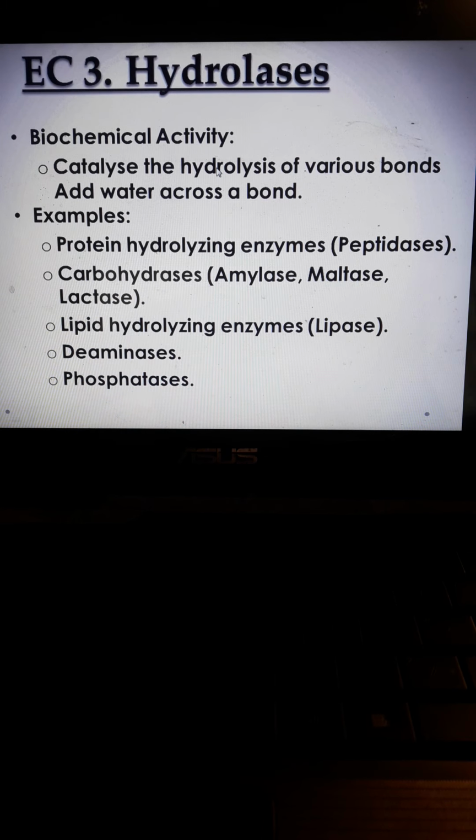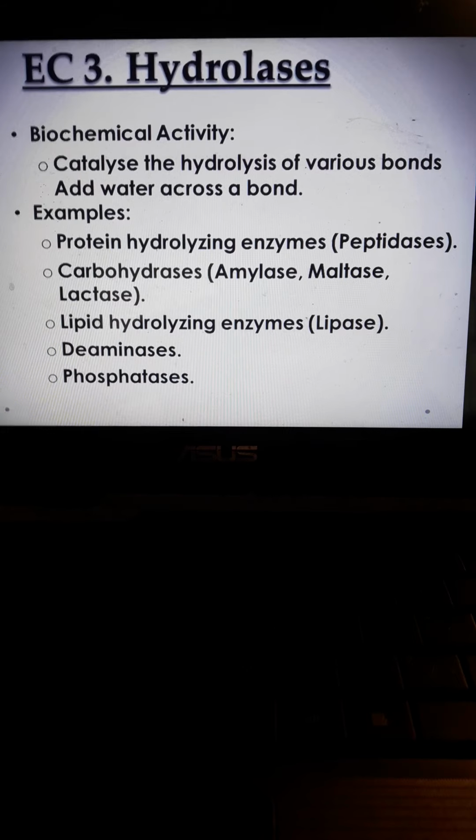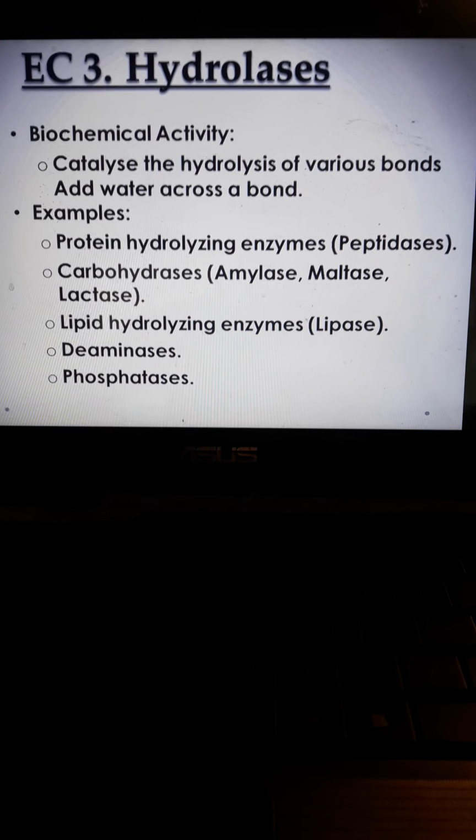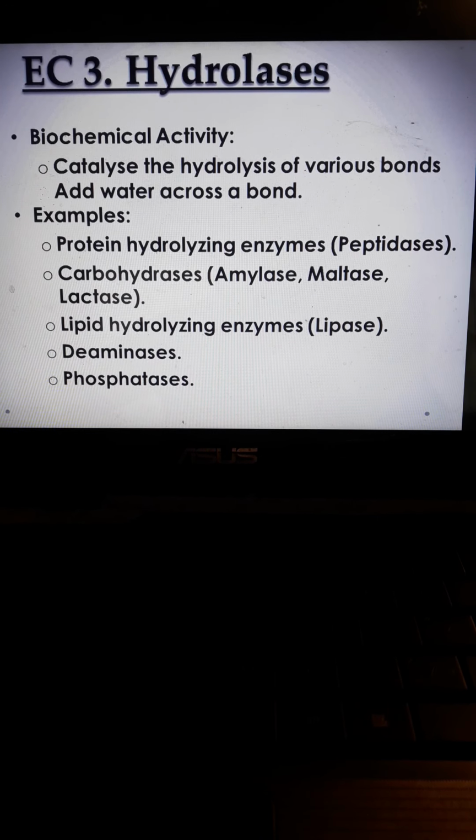Next, hydrolases. These are enzymes involved in the hydrolysis process, which is addition of water across the bond. When you add water, there is splitting of the compound. Examples are protein-hydrolyzing enzymes, peptidases, and for carbohydrates, amylase, maltase, and lactase.